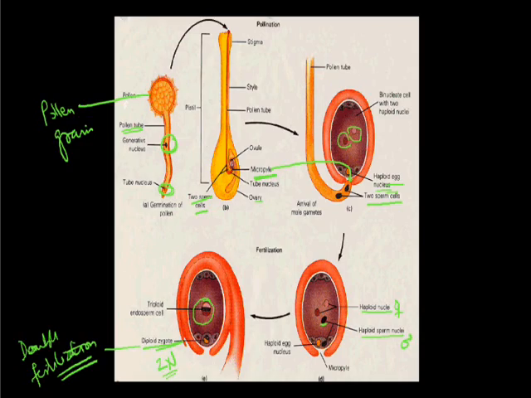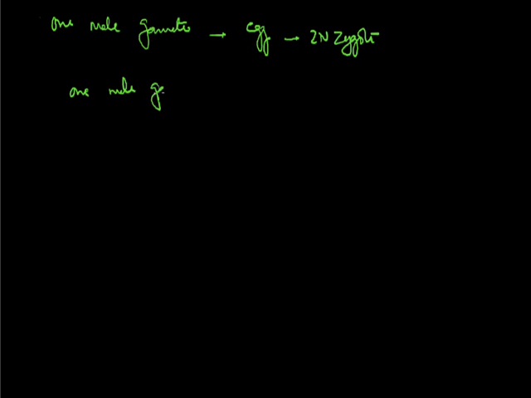As we have seen, one male gamete fuses with the egg to form the diploid zygote, and the other male gamete fuses with the polar nuclei.